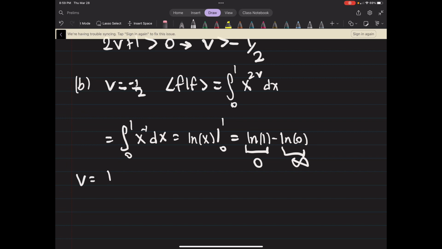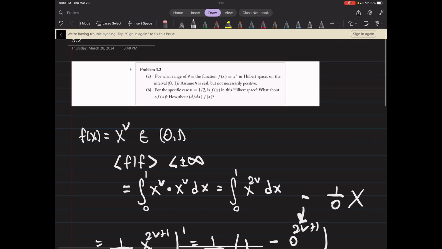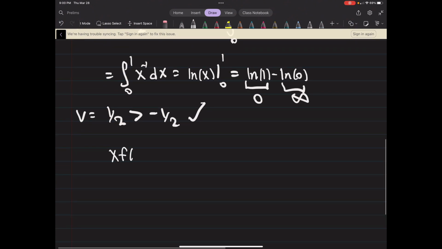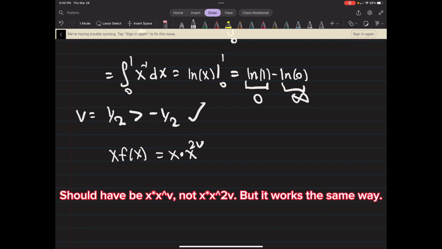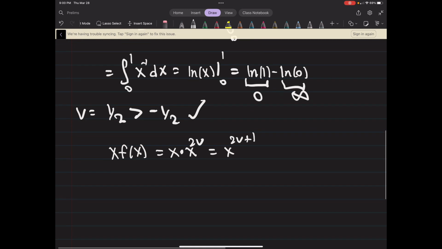Now for v equals positive 1/2, well, obviously that is greater than minus 1/2, which is our requirement that we found over here. So clearly that is in Hilbert space. Now as for the function x times f of x, well, that would be x times x to the 2v, which is x to the 2v plus 1, and v we said is 1/2.